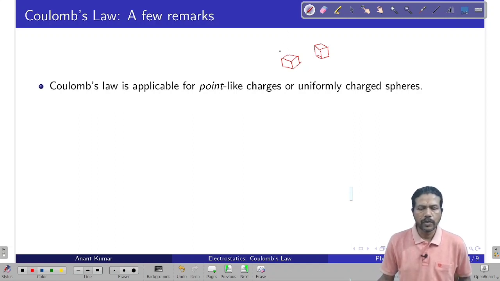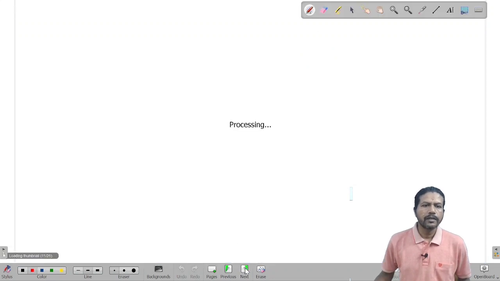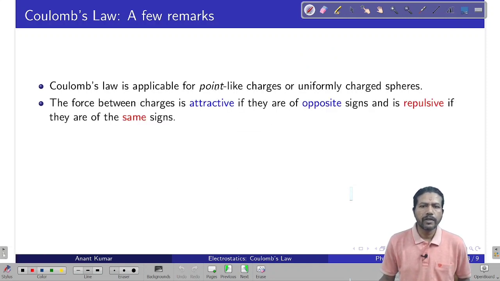It will work if you keep them very, very far apart, but it won't work if they are close enough and they are not point charges or uniformly charged spheres. Second is the fact that the force between the charges is attractive if they are of opposite sign and is repulsive if they are of the same sign.